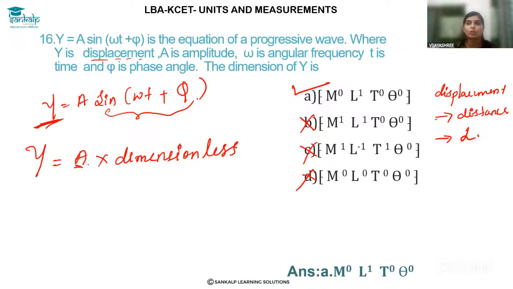A means amplitude. Amplitude is nothing but displacement only ಅಲ್ವಾ. Amplitude ಅಂದ್ರೆ displacement, displacement ಅಂದ್ರೆ distance ಅಲ್ವಾ, which is equal to L. So the right answer is option A. Thank you.